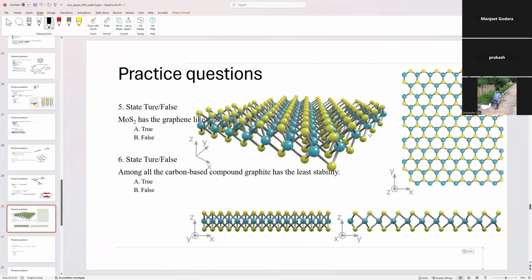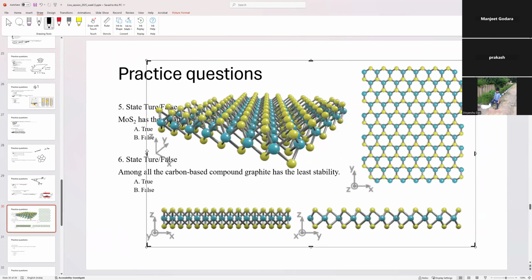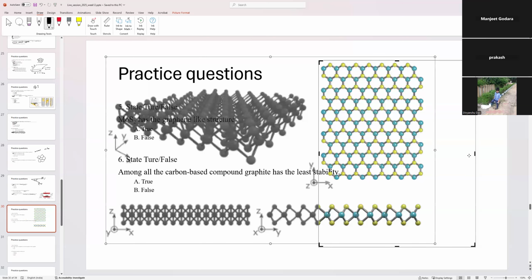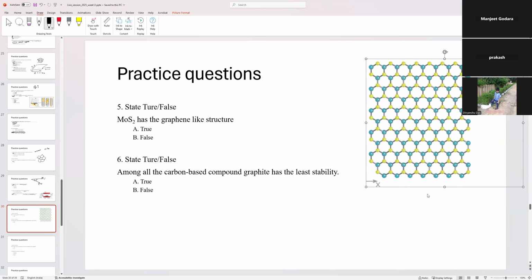We have one only graphene-like shape. I think it's 2D planar.